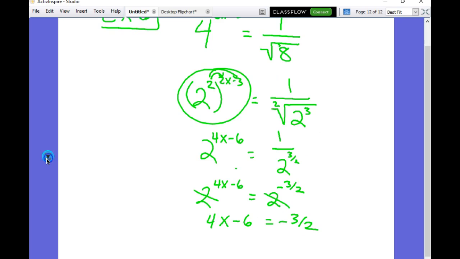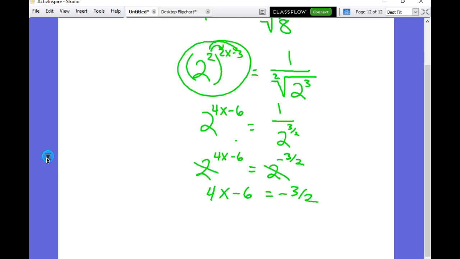Probably still not happy with this one because we have a fraction, right? What do we do? What have we always done with fractions? Fractions are fun. I hear multiply by the reciprocal. You could do that. I've always taught just multiply everything by the denominator. So we're going to do times 2 here, times 2 here, times 2 here.